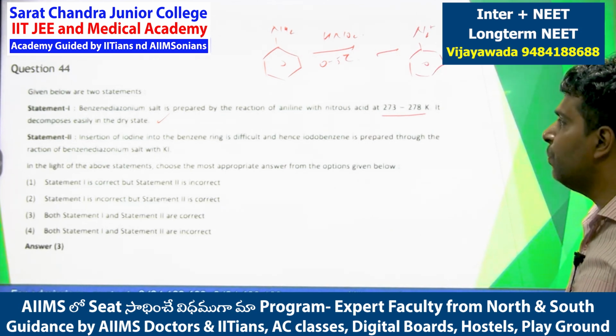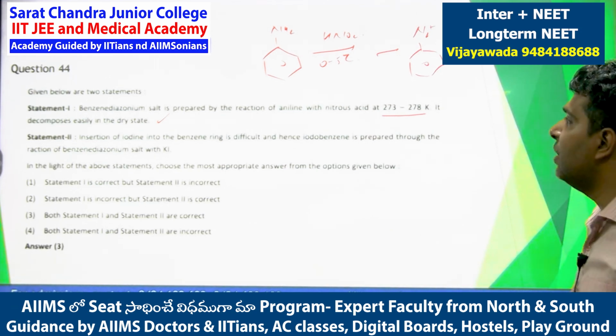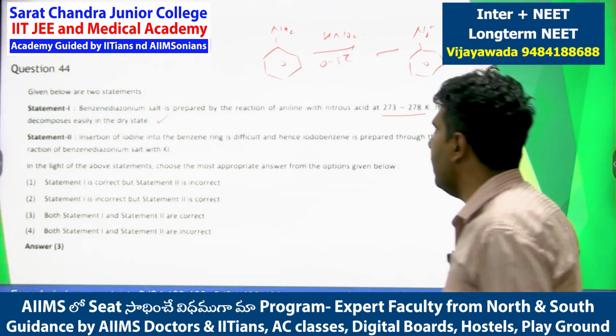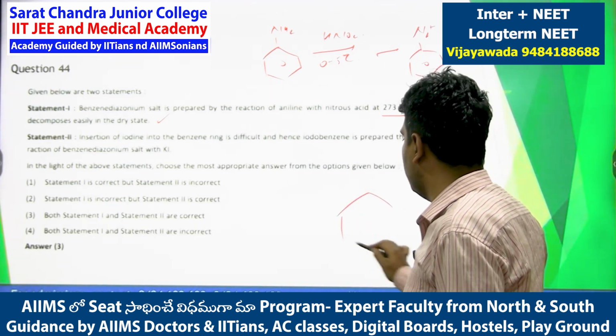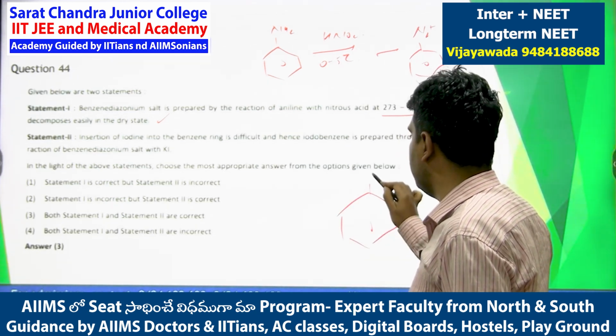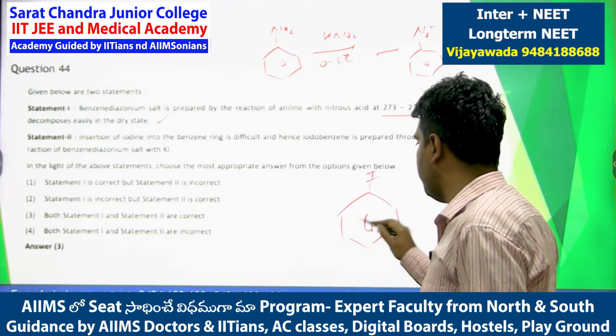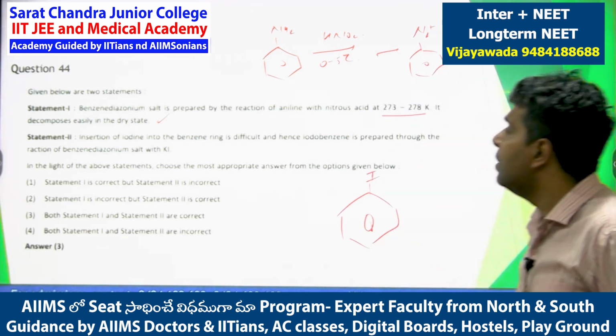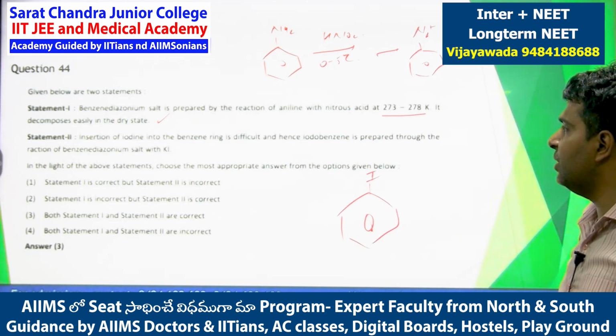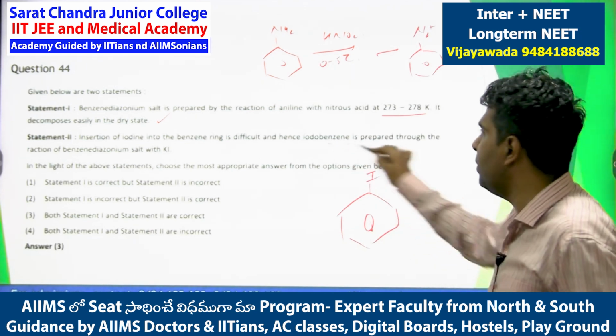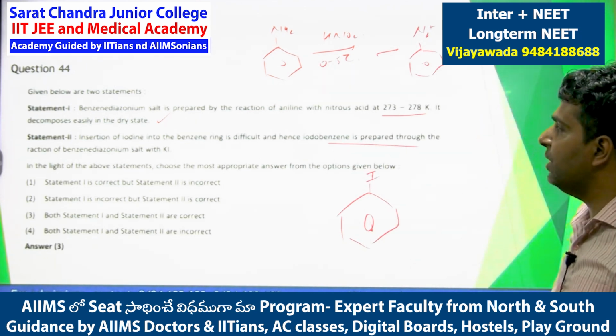Now statement 2: insertion of iodine into the benzene ring is difficult, and hence iodobenzene is prepared through reaction of benzene diazonium salt.